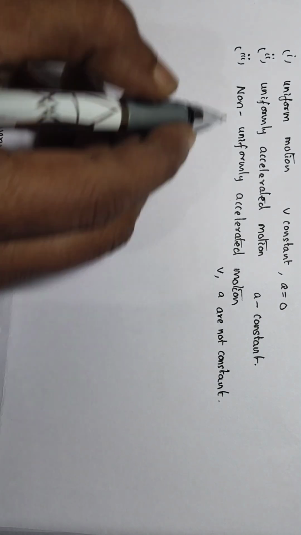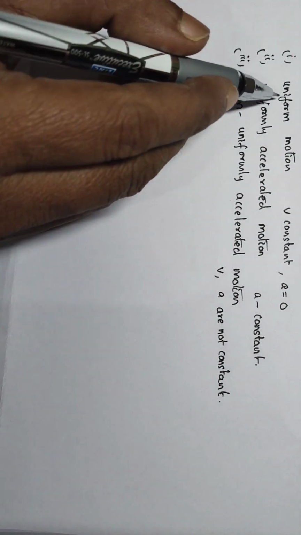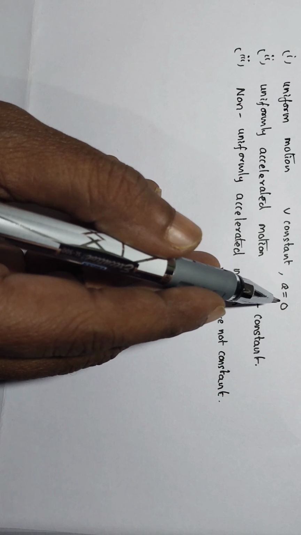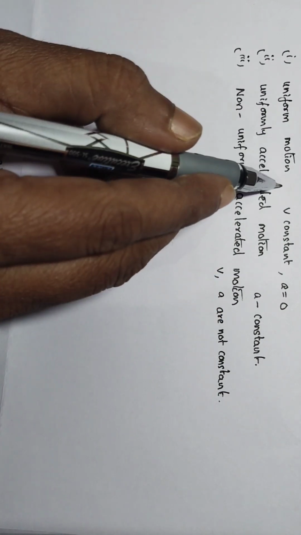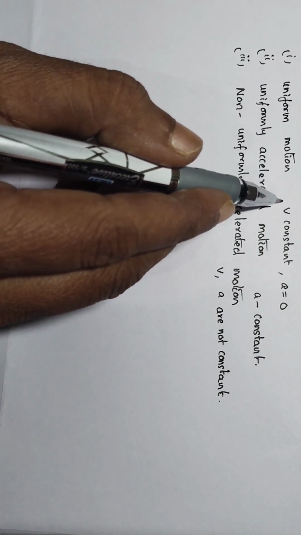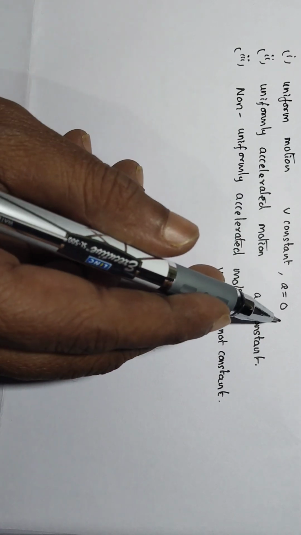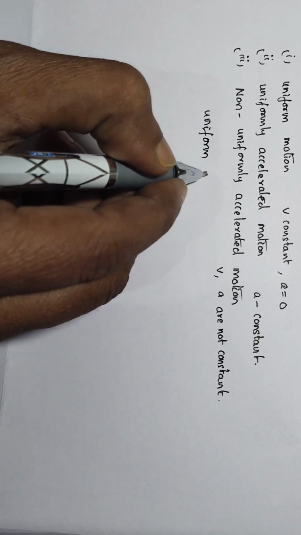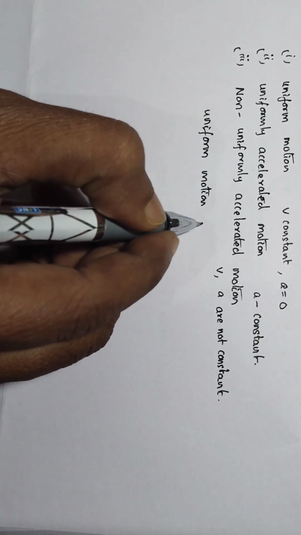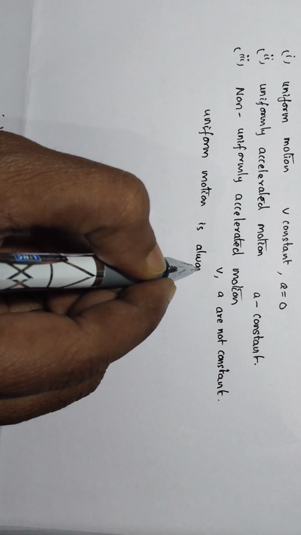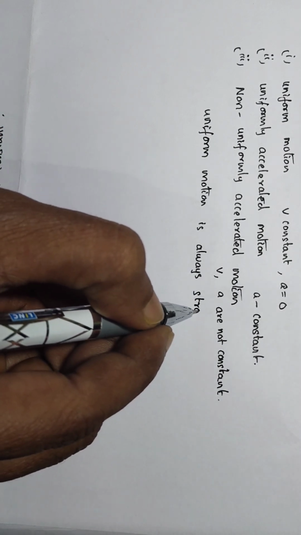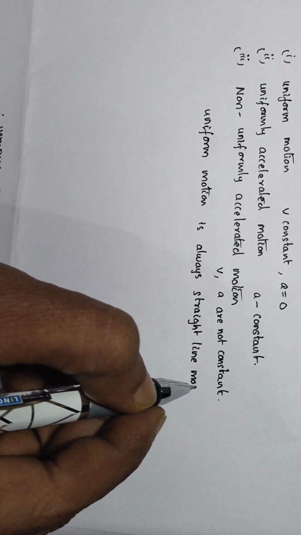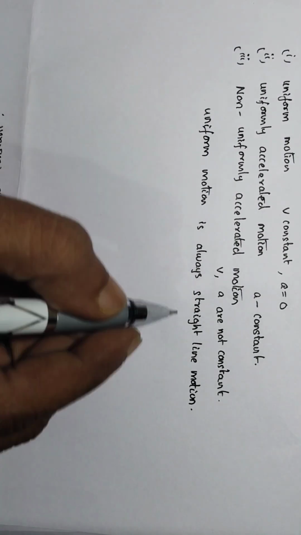So here the point to be noted: in uniform motion, whenever the velocity is constant and acceleration is 0, it has a single direction, that is called straight line motion. So uniform motion is always straight line motion.